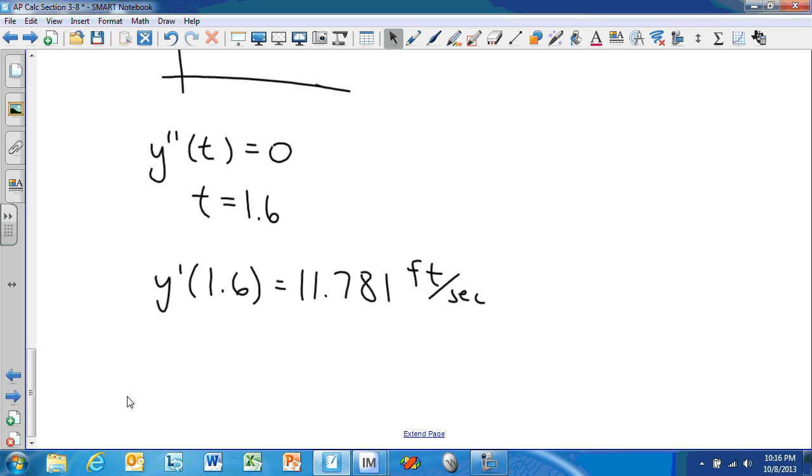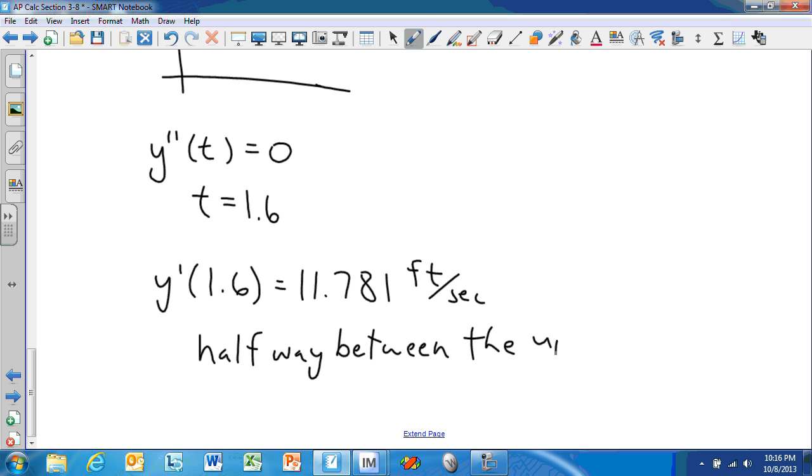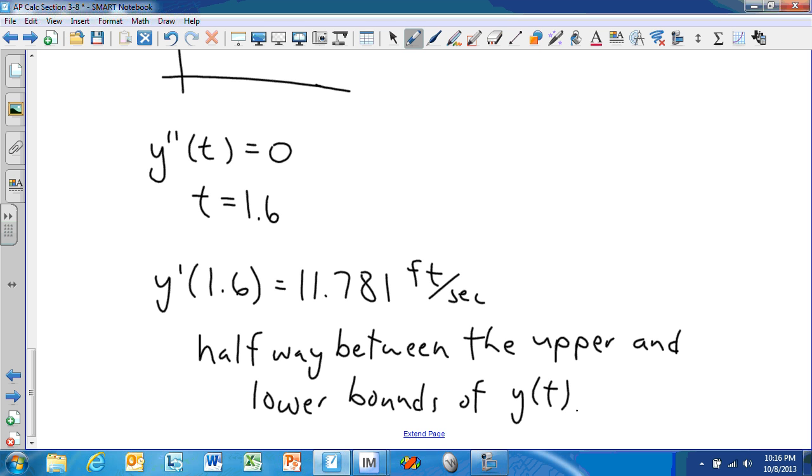So it's halfway between the upper and lower bounds of y of t. That's where those are going to occur.